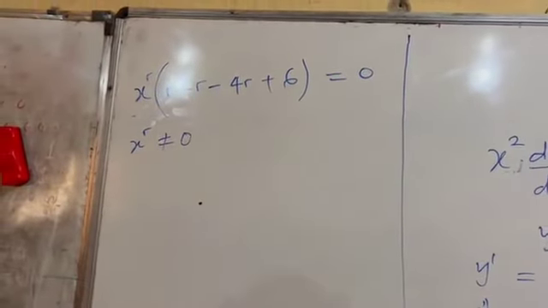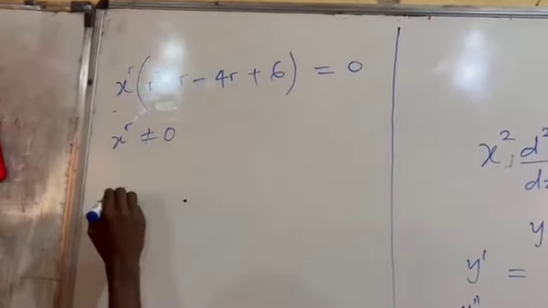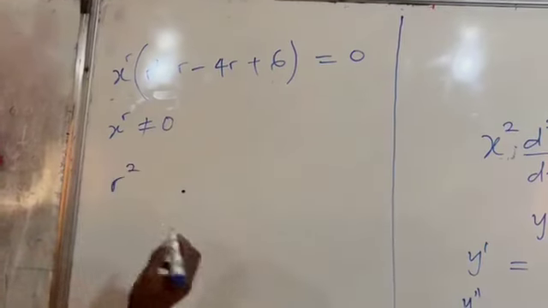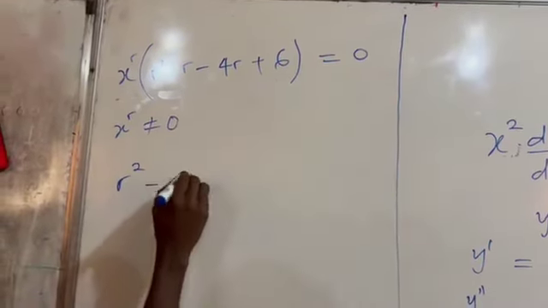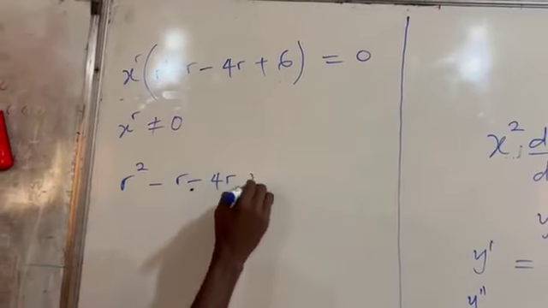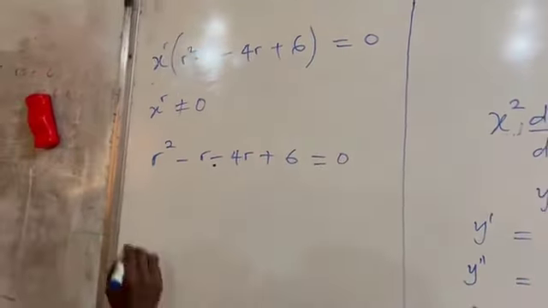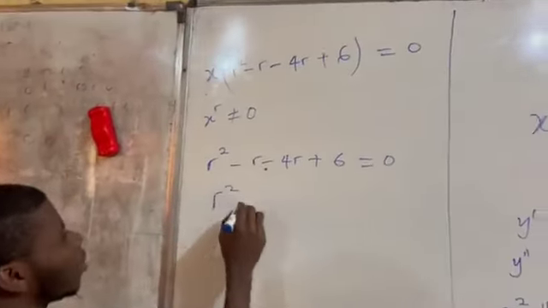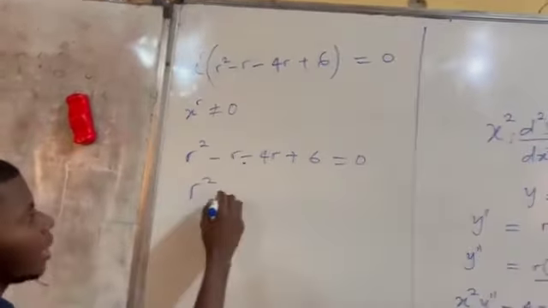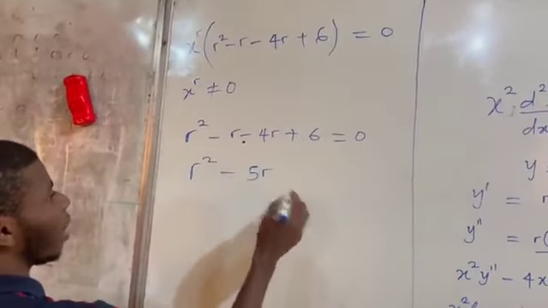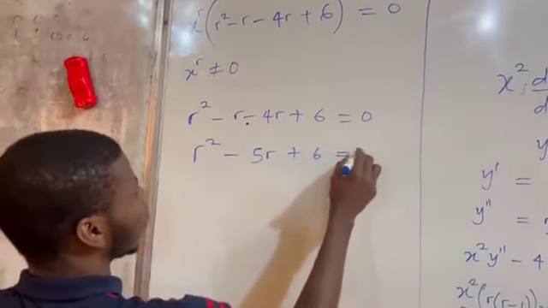However, you can find the value of r from here. r squared minus r minus 4r plus 6 equals 0. We can combine the like terms: r squared minus r minus 4r is simply minus 5r, so r squared minus 5r plus 6 equals 0.